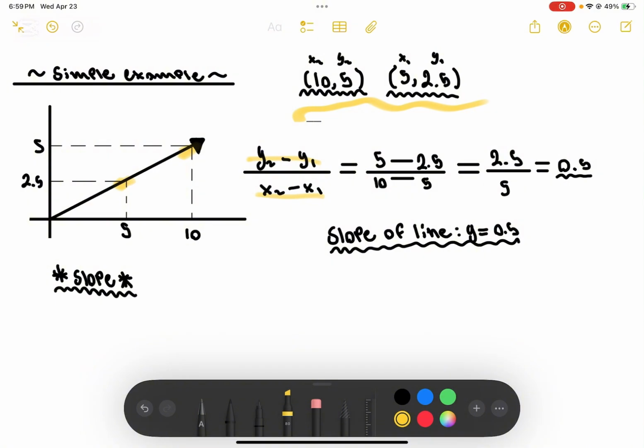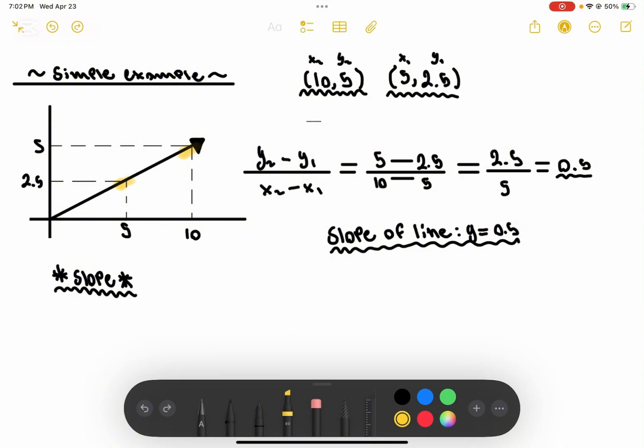These little subscripts, x1, y1 and x2, y2, don't really matter in which order you put them, but I always want to associate the y2 and the x2 with the farthest point, and the y1 and the x1 with the closest point. In this case, the y1 and the x1 would be this one, and the x2 and the y2 would be this one. So now that you have your points established, we can finally put this into our formula.